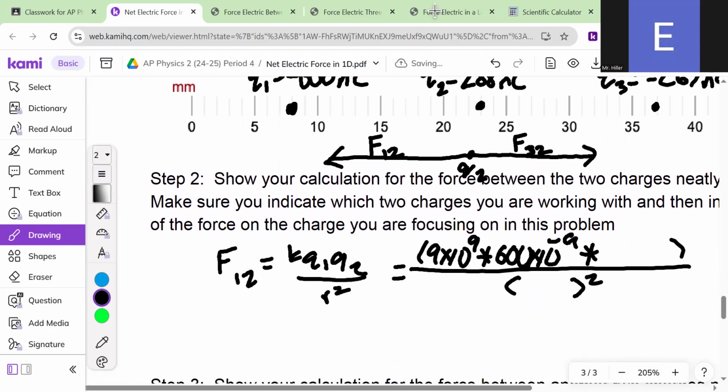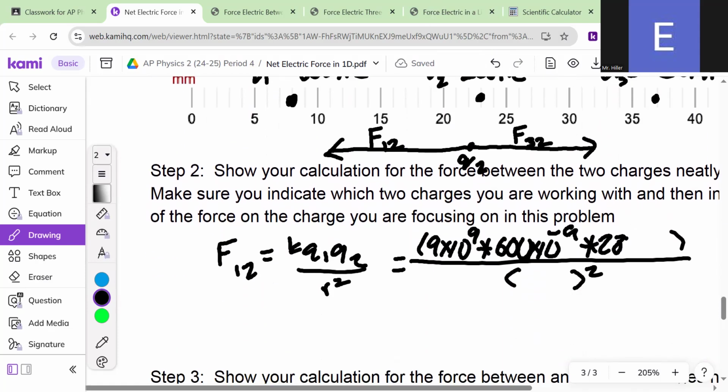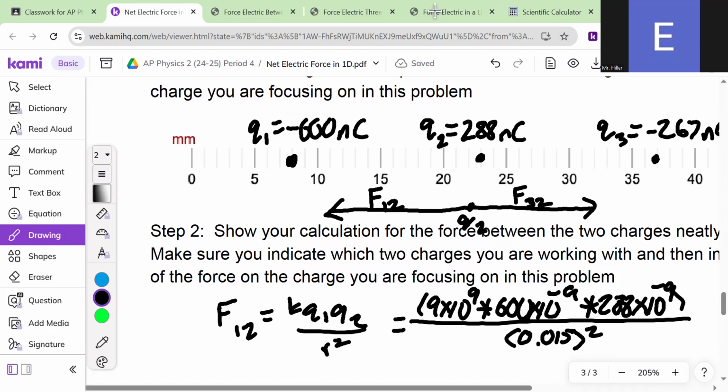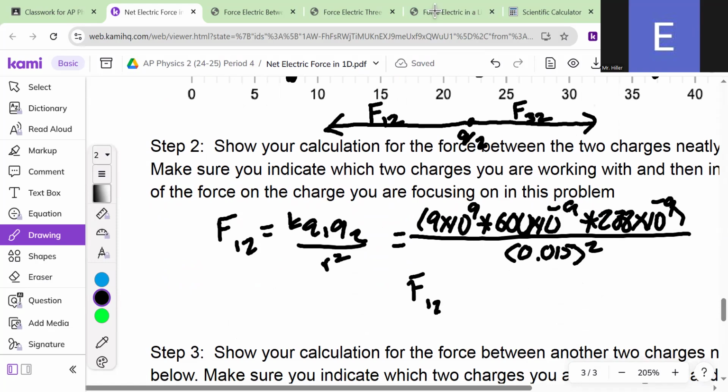Okay, so I'm comparing 600 and 288. The distance between them is 1, 2, 3, 4, 5, 6, 7, 8, 9, 10, 11, 12, 13, 14, 15. 15 millimeters is 0.015 meters. So F12 is directed to the left. Let's figure out how much force is pointing to the left.